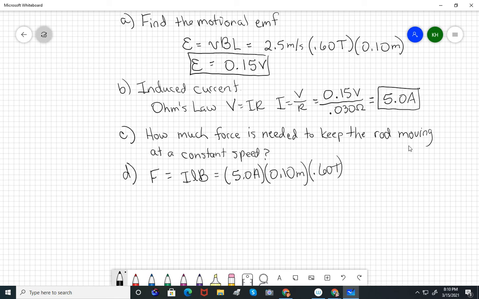So I can see that the induced magnetic force is 0.30 newtons. That's how hard I'm going to have to pull to move at a constant speed.